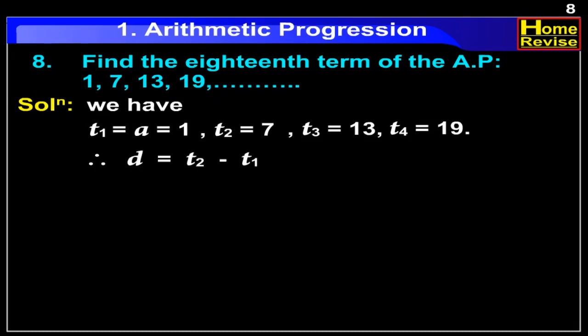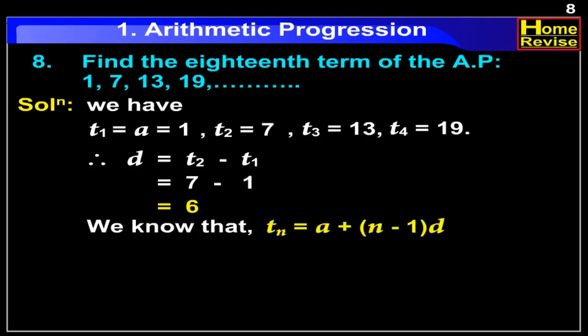Therefore, D will be equal to T2 minus T1 is equal to 7 minus 1, which is equal to 6. As we know that Tn is equal to A plus n minus 1 into D.